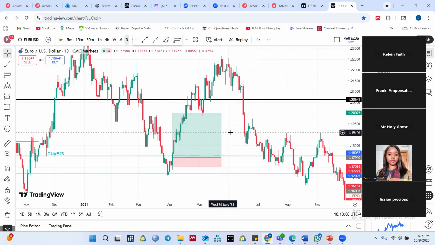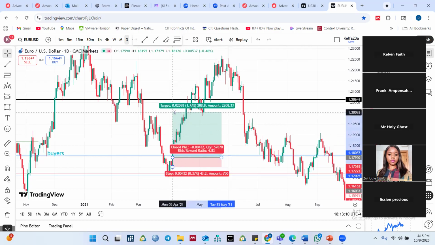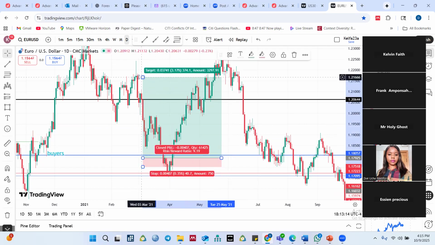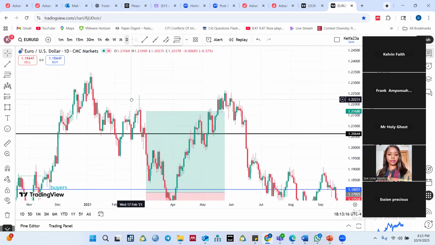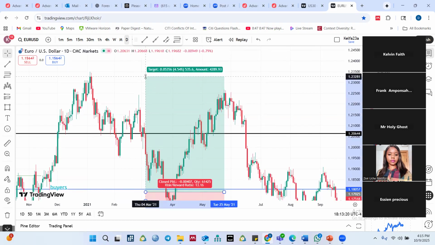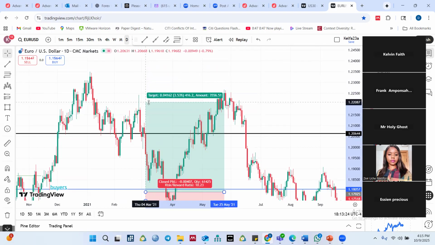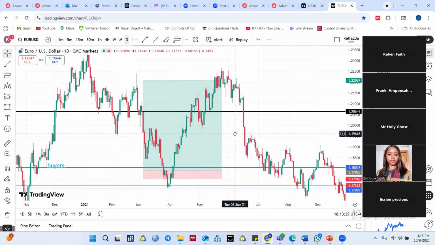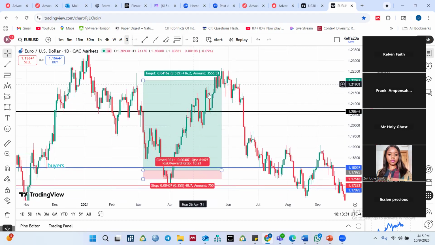Normally I'll target the high point, like the high here. It will not always give it to you, but at least I'm in a lot of profit, crazy profit. So I've made profit already.